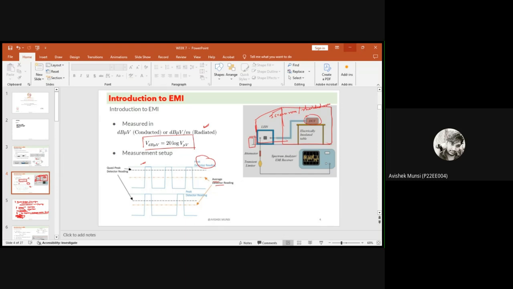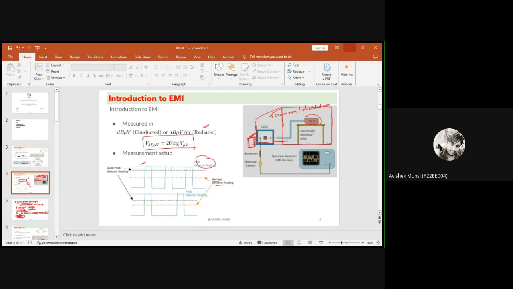So we have to test the device, the converter which we design, in that shielded room. There is a LISN, as I said, LISN acts as a filter. So the power supply is outside this room. From there, with the long wires, we supply it into the LISN, and from LISN it's going into the power converter or the device which we want to test.